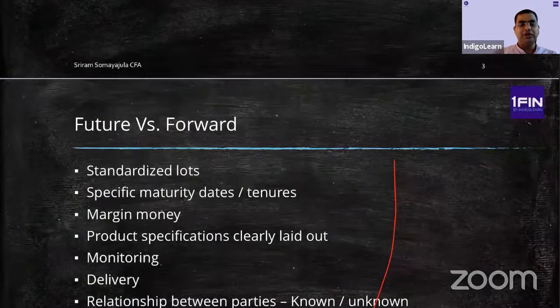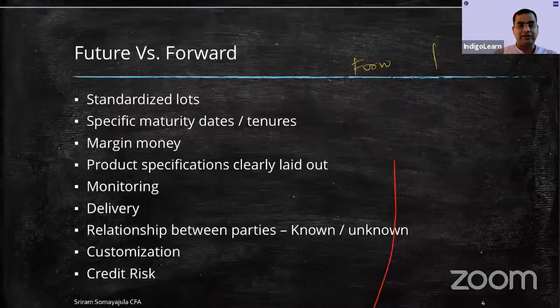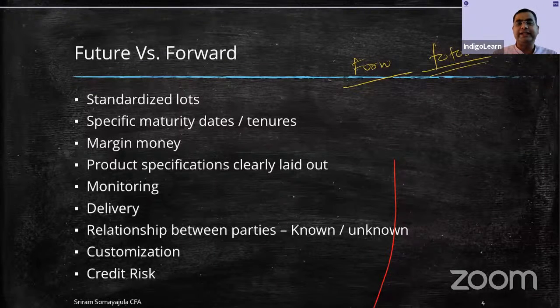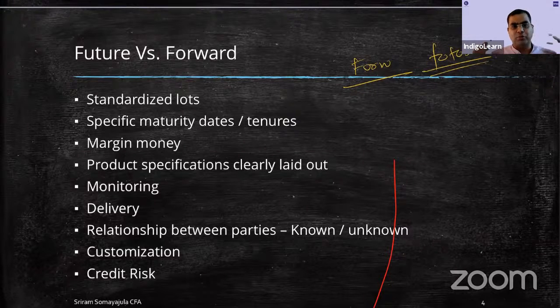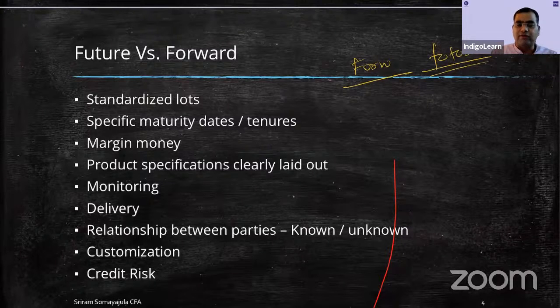Forward contracts can be for any kind of quantities or lots or sizes that you want, as long as both the parties in the agreement agree. I will sell 1 kilo, 1.1 kilo, 1.2 kilo, 1.3 kilo, any number that both the parties agree, they can enter into a contract. That is completely customized.